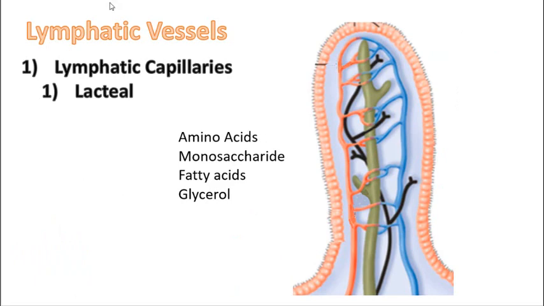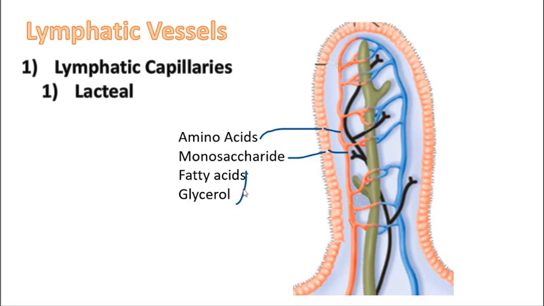So this is what happens. The amino acids will cross, go to the cell, and then from the cell enter the circulation. Monosaccharides will also go to the cell, and then from the cell cross into the circulation.